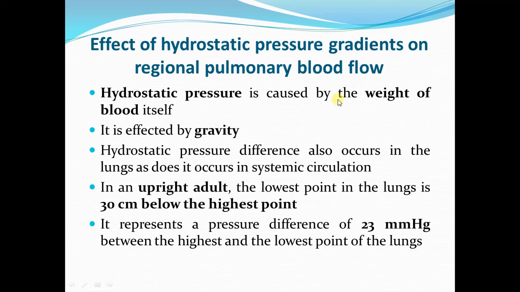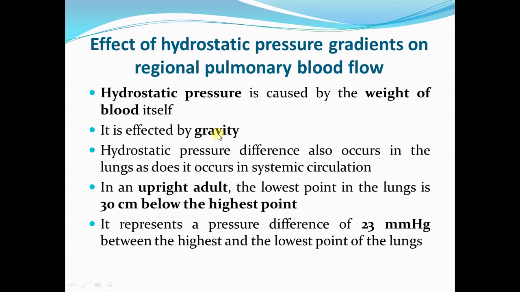You all must know that hydrostatic pressure is caused by the weight of the blood itself, and this hydrostatic pressure is affected by gravity. In systemic circulation, you have studied that the blood pressure in the foot of a standing person can be as much as 90 mm of mercury greater than the pressure at the level of the heart.